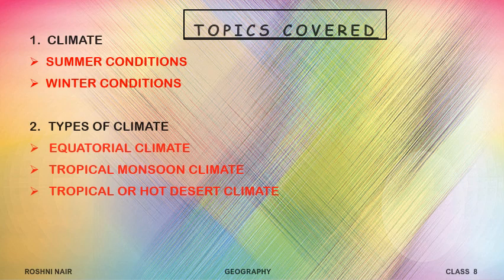And the third type of climate which we will study is tropical or hot desert climate, page number 109. Under that also we have natural vegetation and wildlife, page number 110.